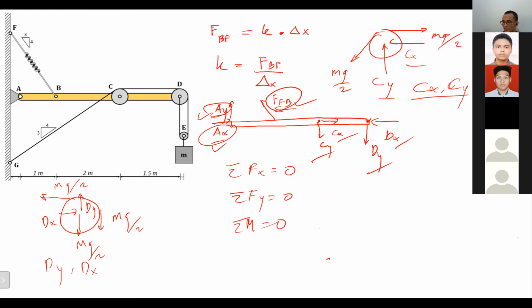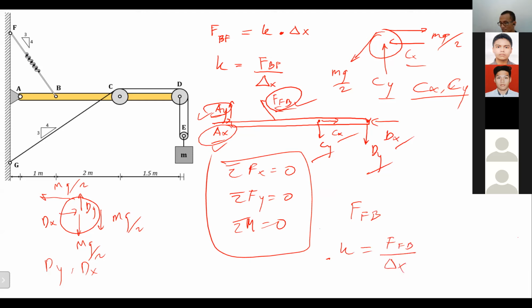So the first problem is to find Ax and Ay. Then solve these three equations to find those three forces. After you find FFP, then use k equal to FFP divided by delta x. Delta x here is 10.